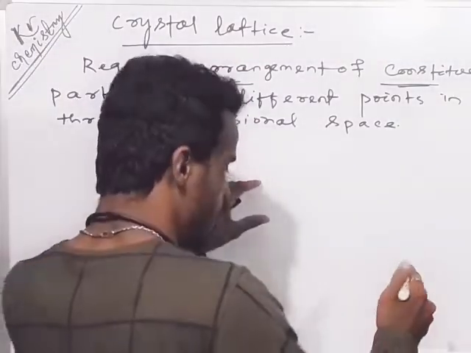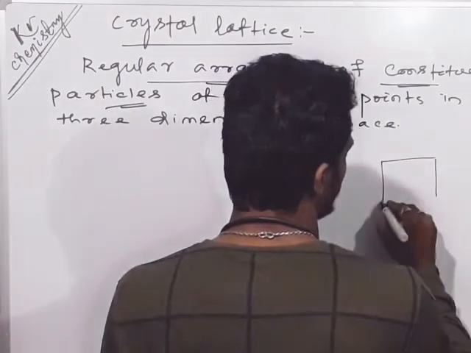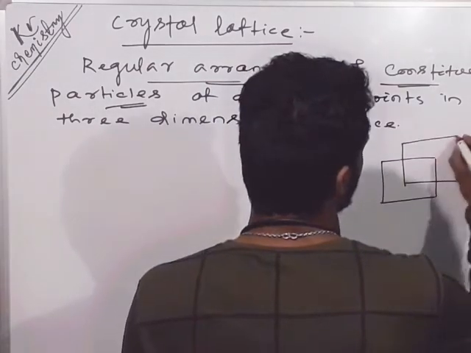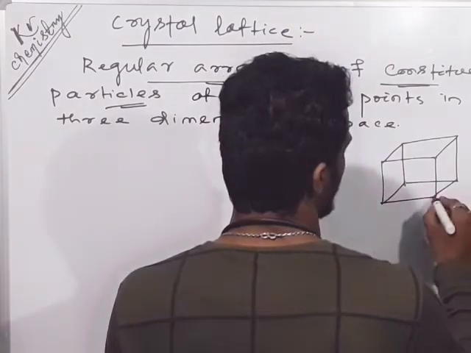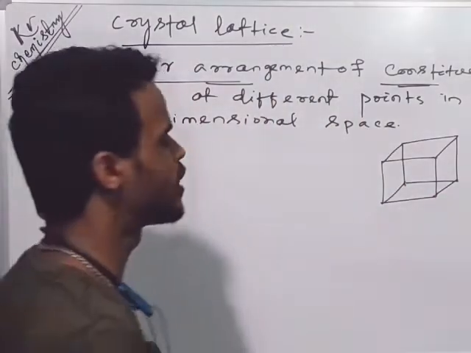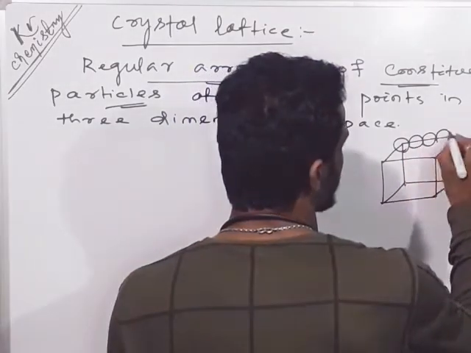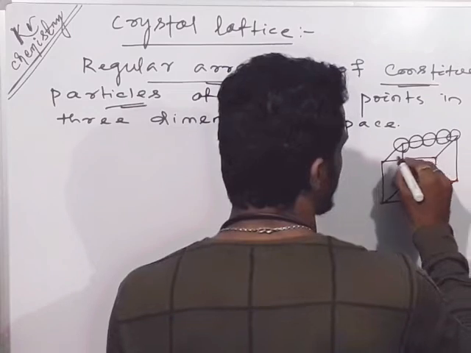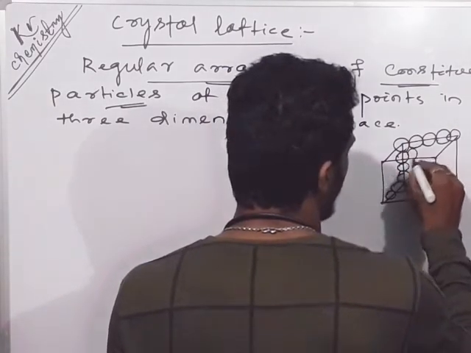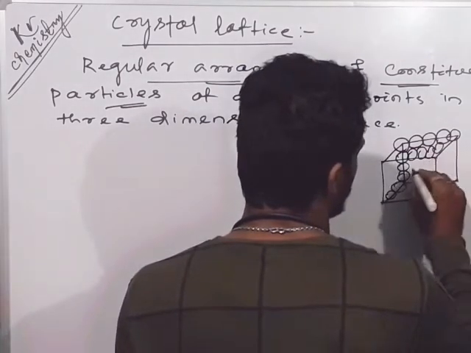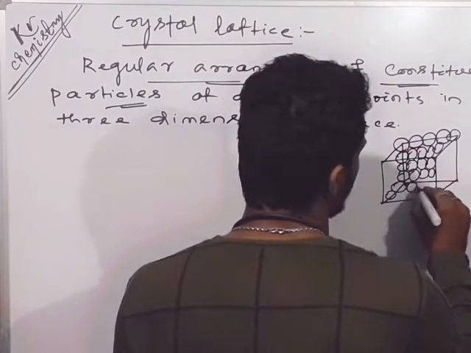For example, we can take a cube. This is a diagram of a cube. Here the particles are arranged in three-dimensional space, along the x axis, y axis, and z axis, in a regular manner.